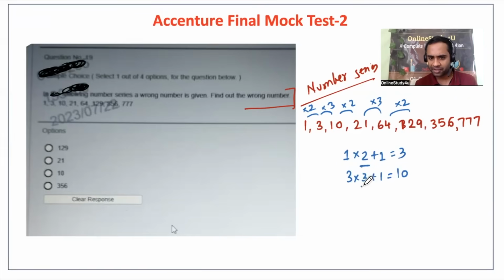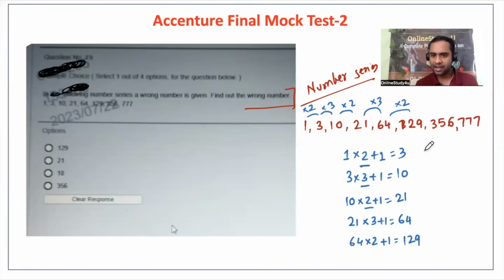So one is multiplied by 3, another is multiplied by 2, and then 10 into 2 is 20, plus 1 is 21, again 2. The next number will be multiplied by 3, so 63 plus 1 will be 64, and then 64 into 2 plus 1, so 128 plus 1 will be 129, and then 129 into 3 plus 1, because it is 2 and then next is 3.